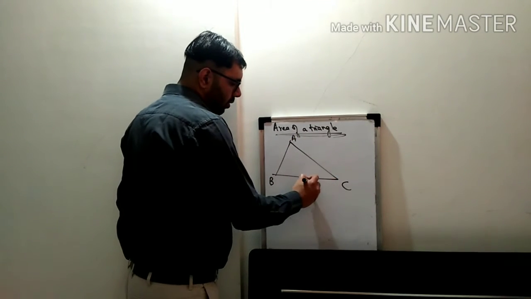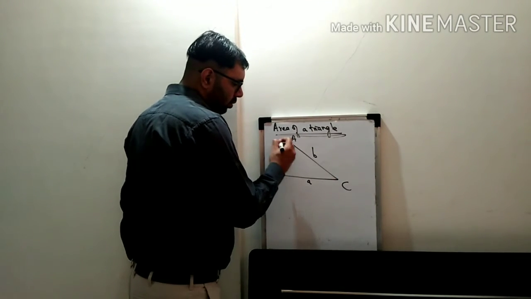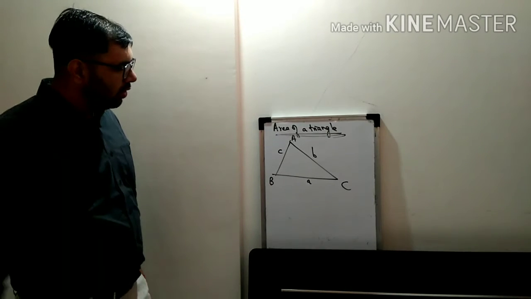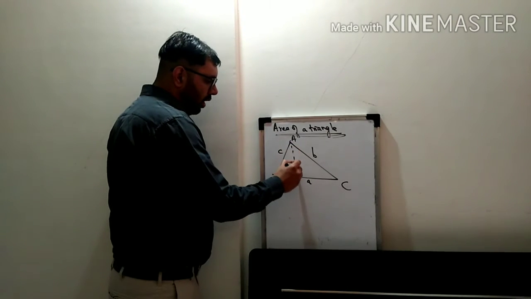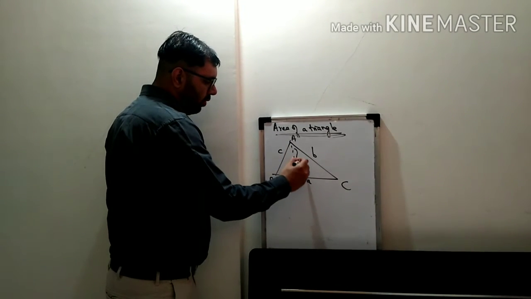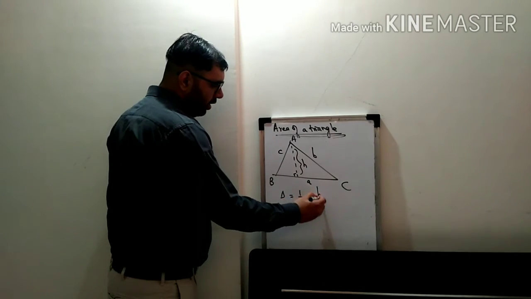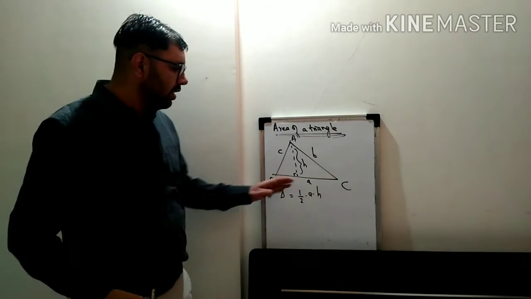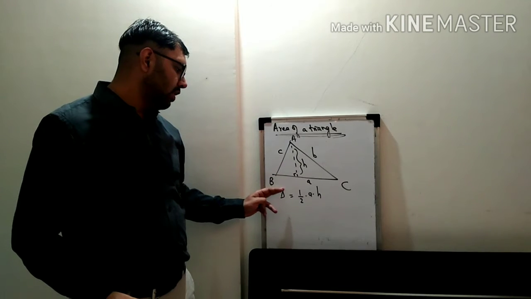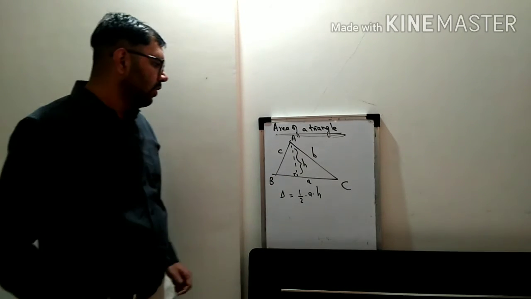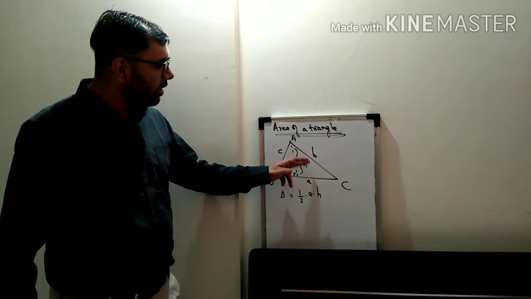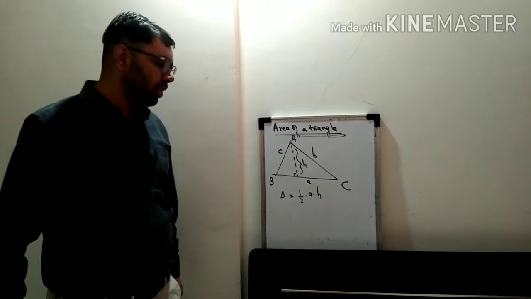Now small a will be opposite to this, small b opposite to this, small c opposite to this. So if I want to write the area of the triangle in terms of height and base, half base into height, correct? Base is A, this length is A and height is H. So area of this triangle we can write as half A into H. Now you try to express height either in terms of B or in terms of C.